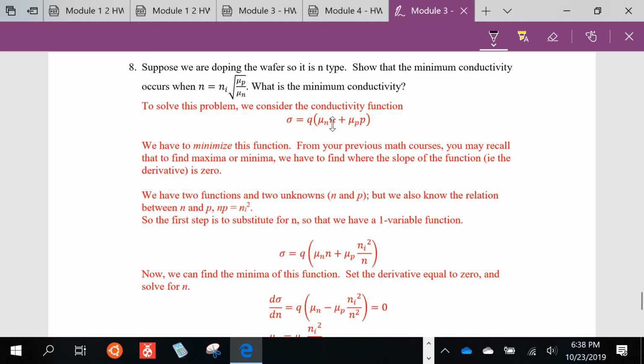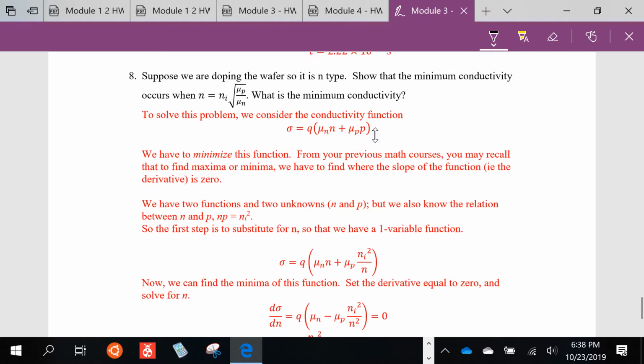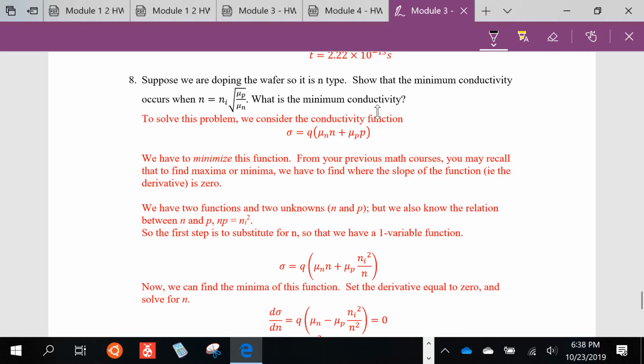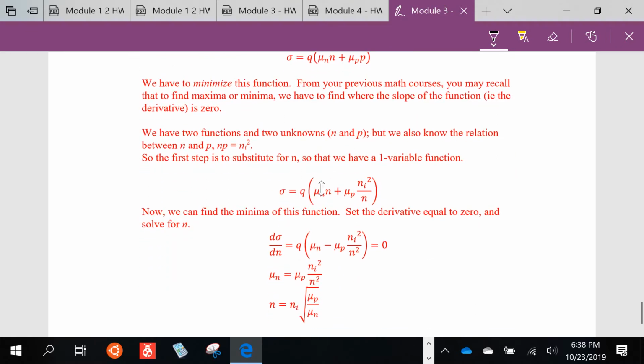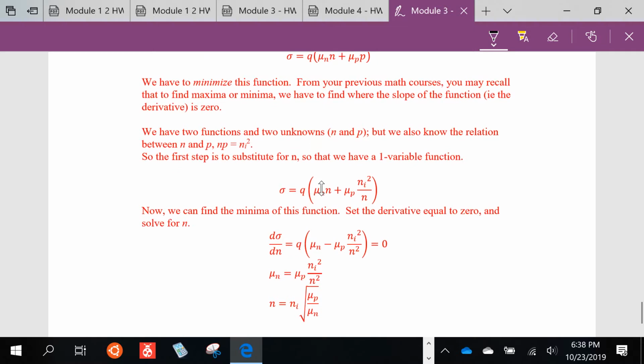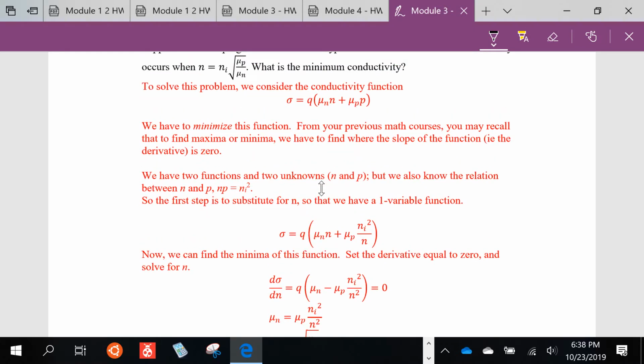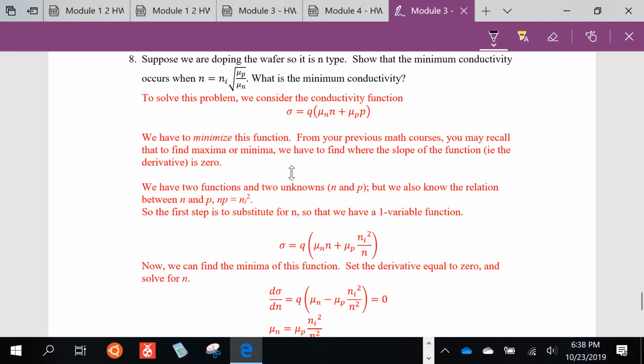When you change the doping, n is affected and p is affected. The question being asked is at what electron concentration do you get the minimum conductivity? I don't expect a question like this on the exam, but this is just minimizing this conductivity function.